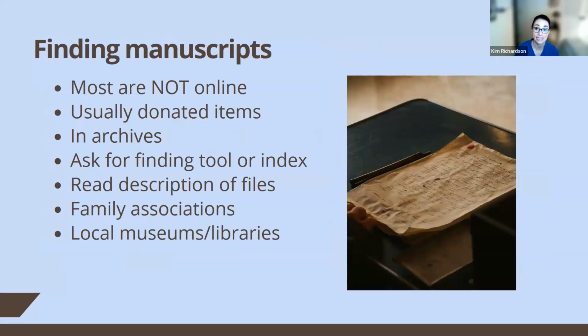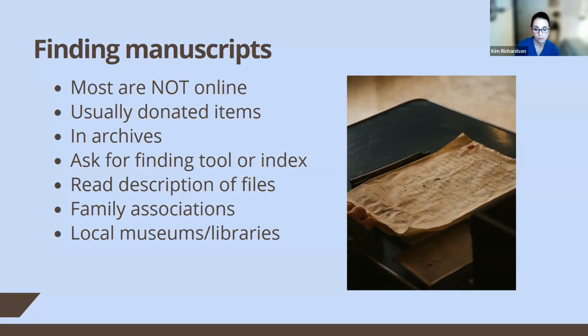It can be very telling about the day-to-day lives and some very revealing information. Most manuscripts are not published online like John Winthrop's are. So if you're looking for your ancestors' information or information about that area, you're probably not going to find them online. There may be some, and it's definitely worth checking out.